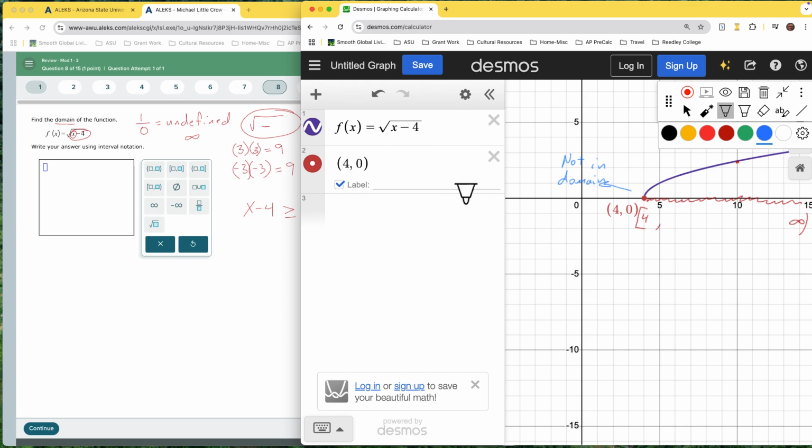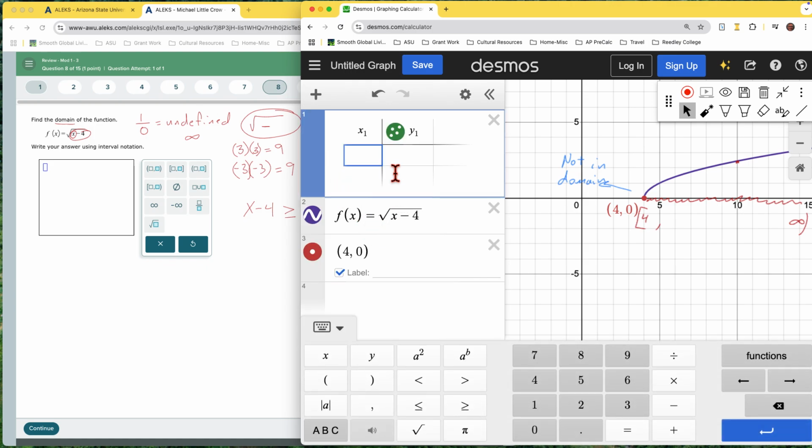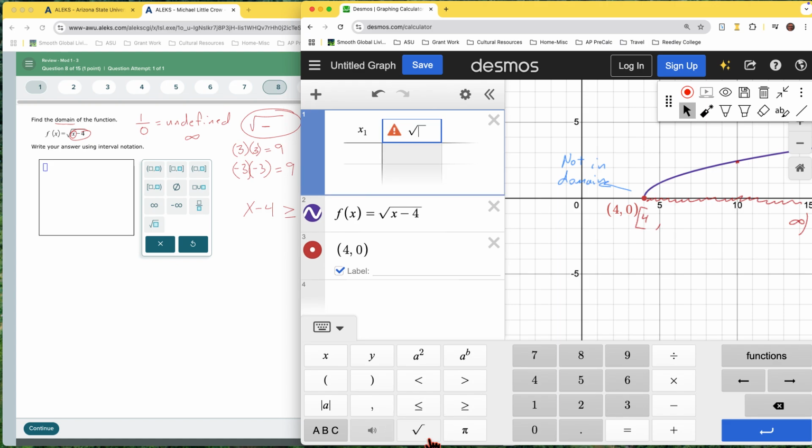Let's also look at this from the perspective of a table. I'll go to the table and insert a table. I'm going to put in x1 and the square root of x1, and notice it'll automatically make that minus 4.